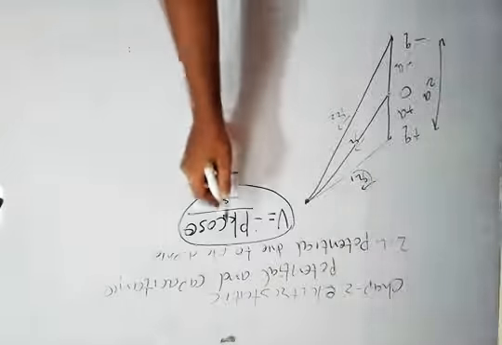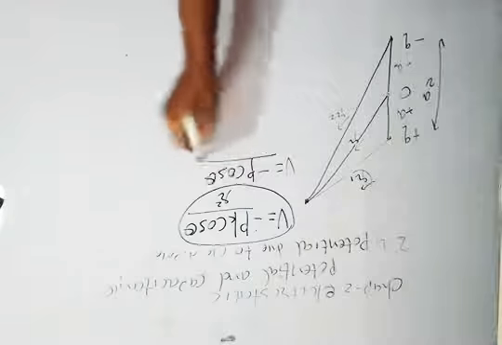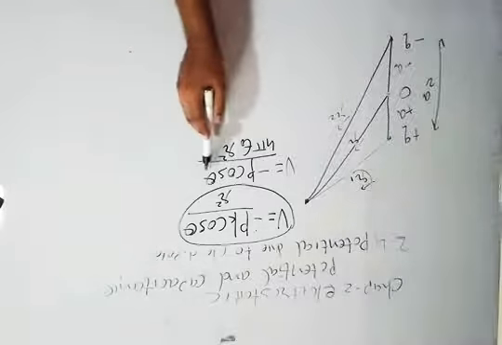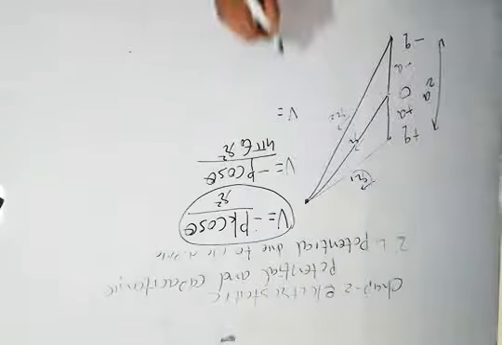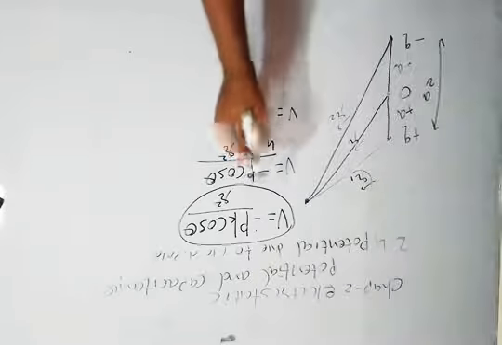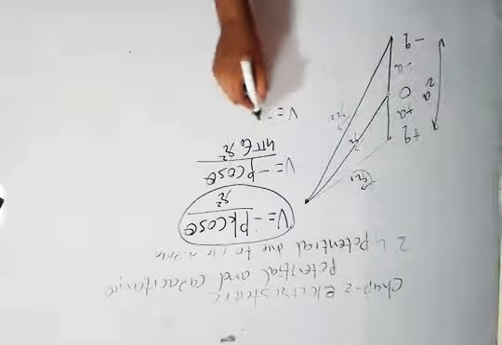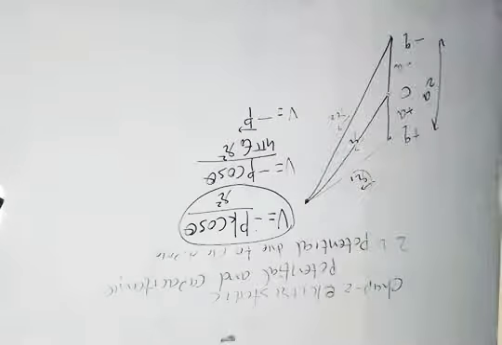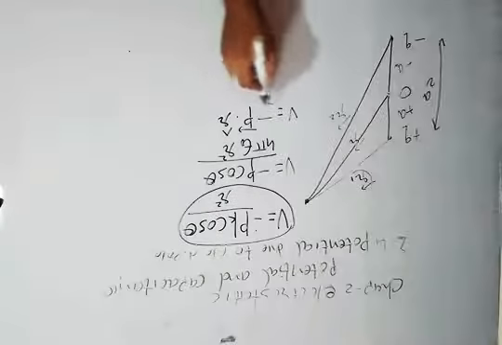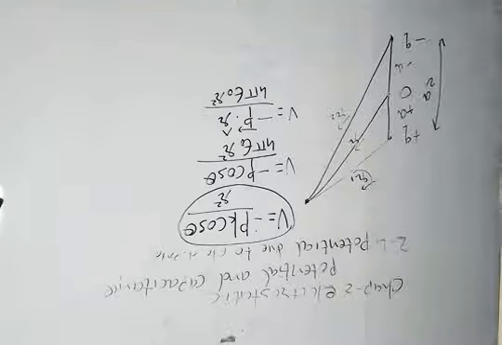Clear? So we know the k formula, V is equal to minus p cos theta upon 4 pi epsilon 0 into r square. Okay, now cos theta: theta is the angle between p and our displacement vector r. So we can write minus vector p dot r hat, clear, upon 4 pi epsilon 0 into r square. Clear?